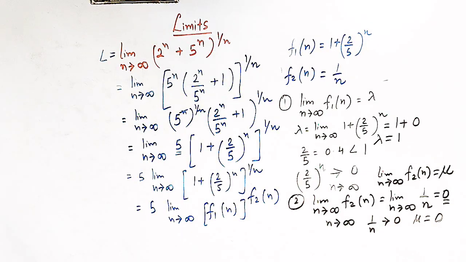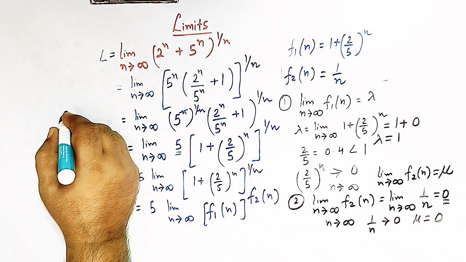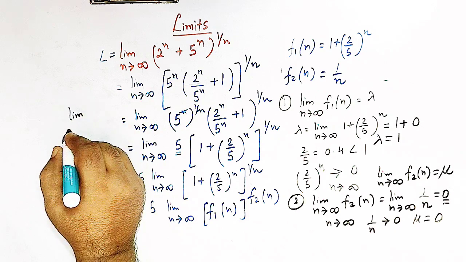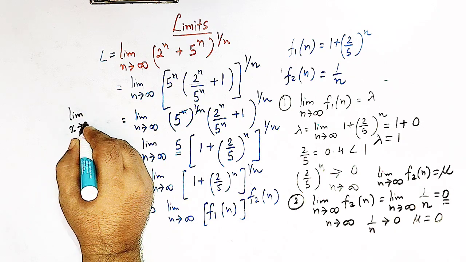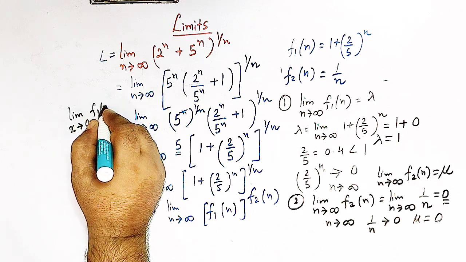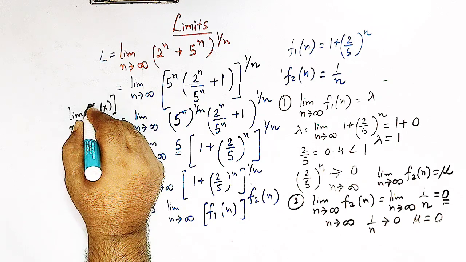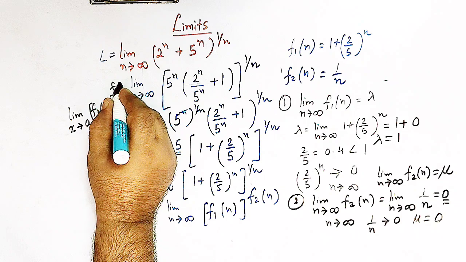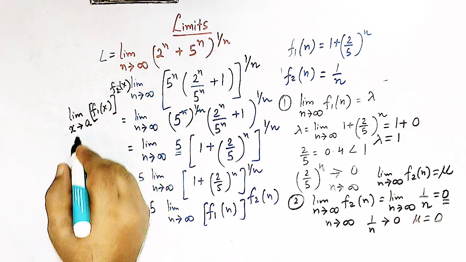Now consider the general case, right? Suppose we have to evaluate limits of this form, that is limit x tends to a of f1(x) raised to f2(x).